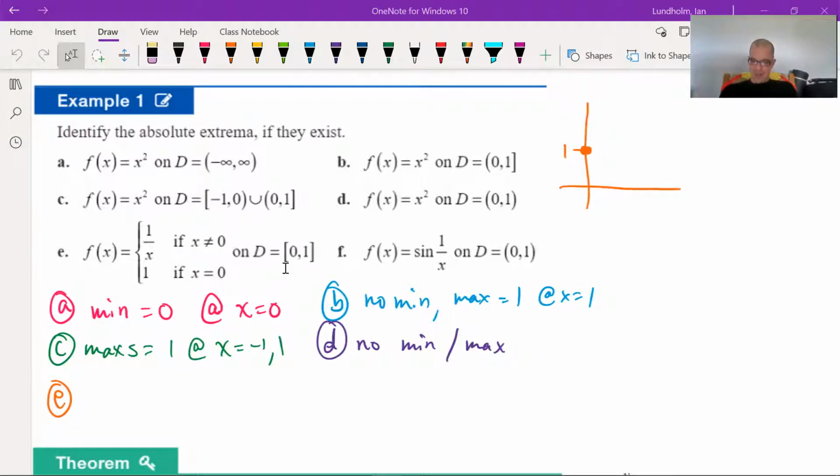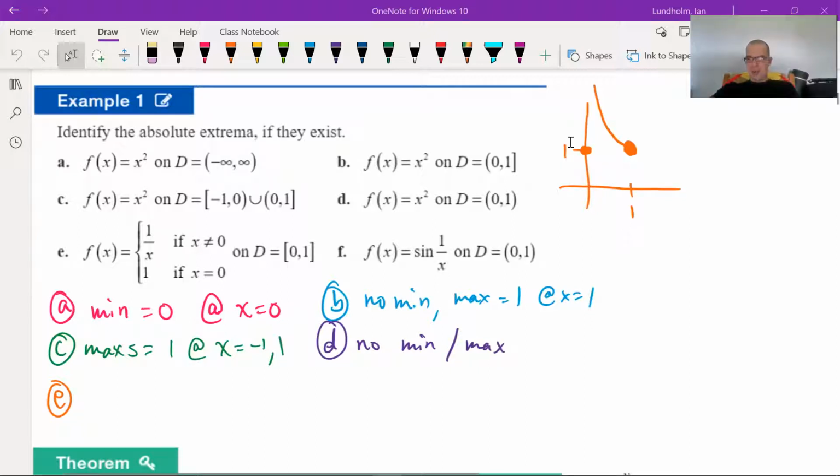The y value is given to us by 1 over x, which means it's going to be actually some big numbers until we get to the end, when we get to the x value of 1. Oh, actually, but that's closed. I don't know why I drew that open. We're on a closed interval, so yeah, that 1 is included.